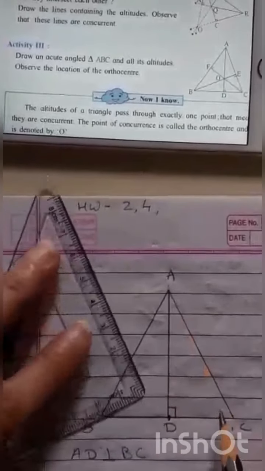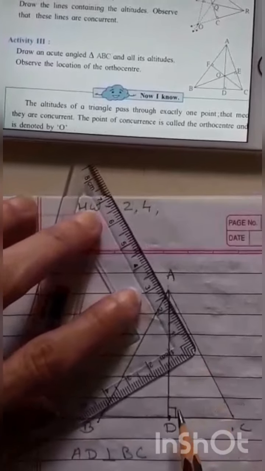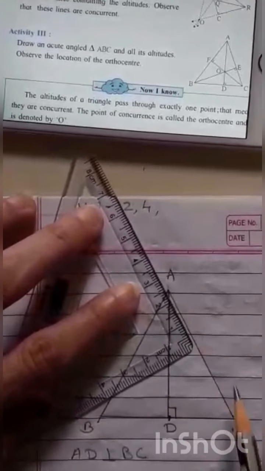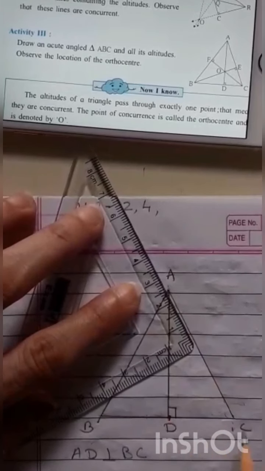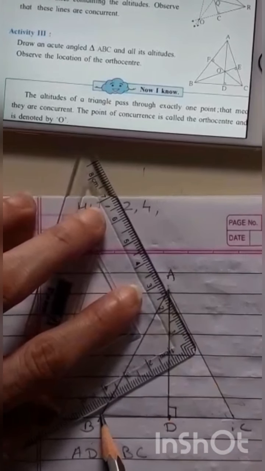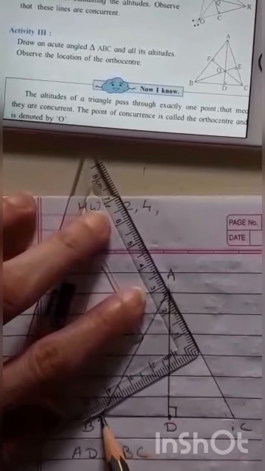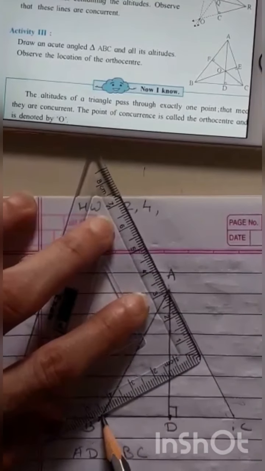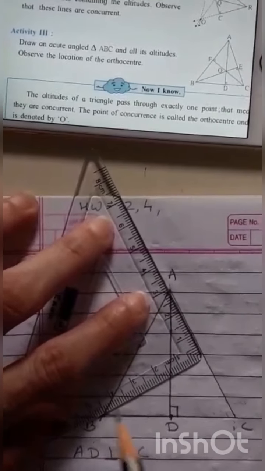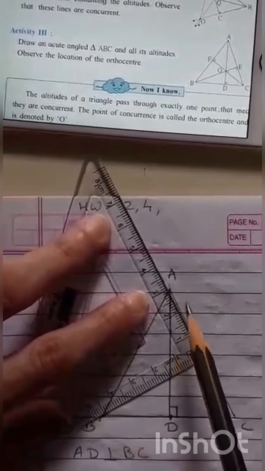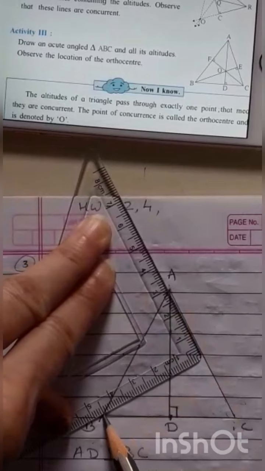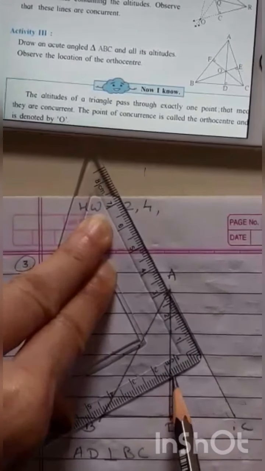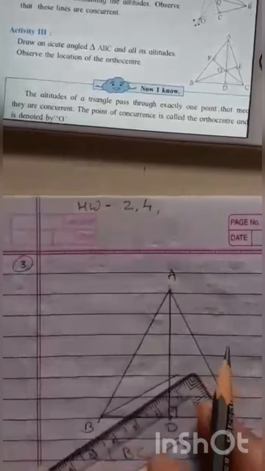Similarly, with this triangle, I am holding it like this. This edge is on AC. This is my base. So AC is my base. B is my vertex. So I'll be moving it till it touches the vertex here. So my this edge, can you see this edge is on base AC and this edge is touching the vertex B. I'll draw a line.